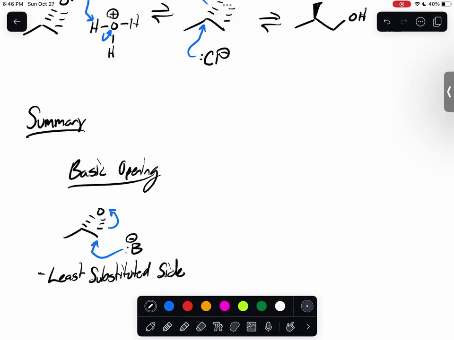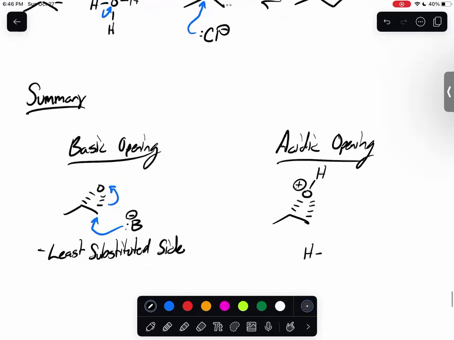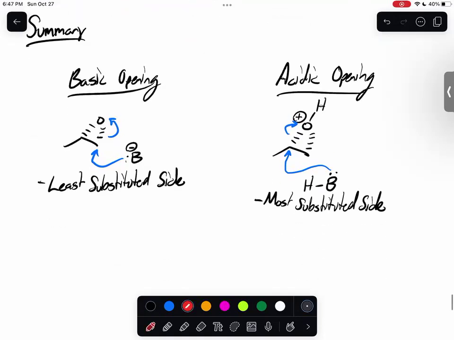Versus an acidic opening, you're going to form this intermediate with the positively charged oxygen because it's protonated, and then it's usually some type of conjugate acid of a base that's going to come in, act as a nucleophile on the most substituted side. But since both go through an SN2 like pathway, both invert stereochemistry.